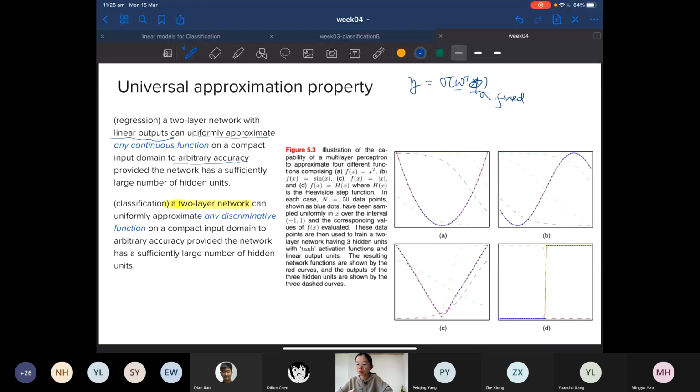So to make the point, the book has an illustrative example, right? The target functions are a quadratic, a sinusoid, a triangle, and a step function, which has a sudden change.